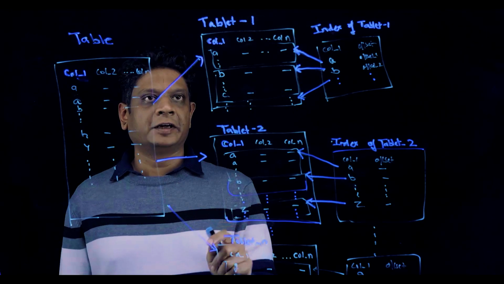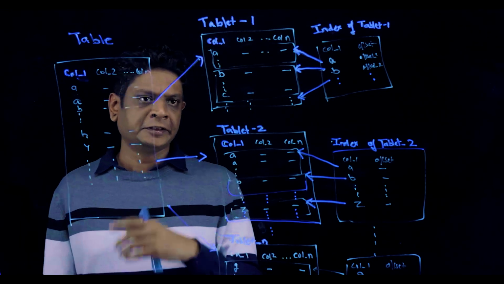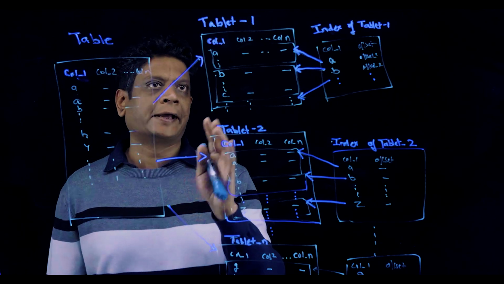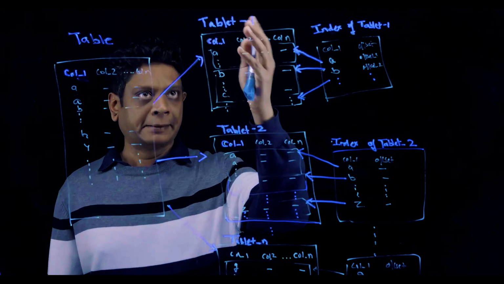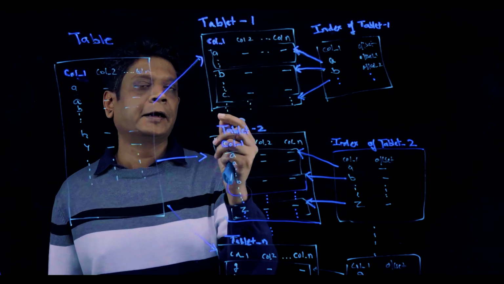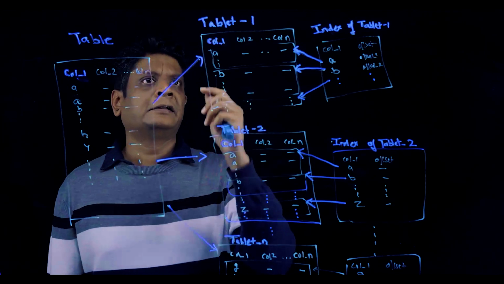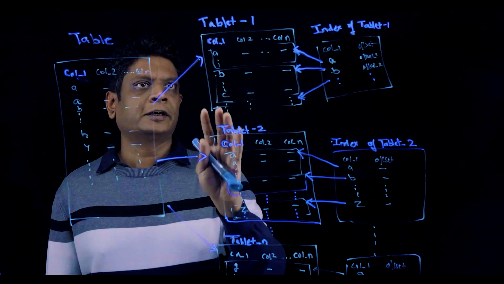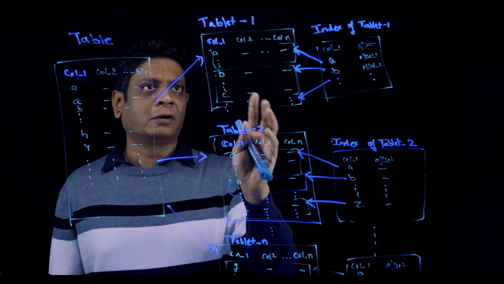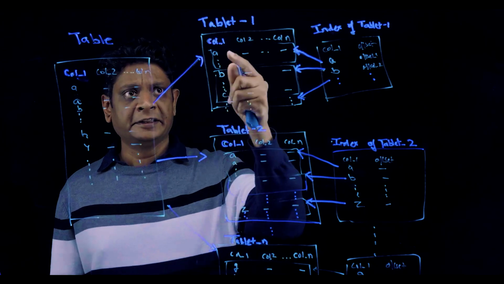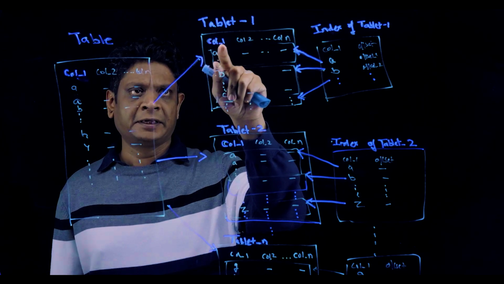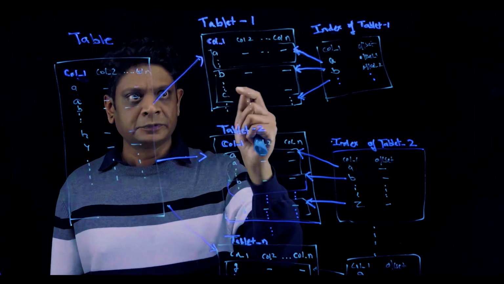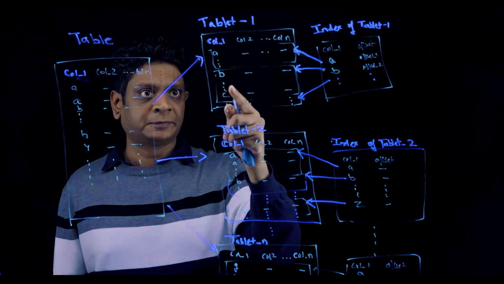As you can see in this demonstration, the data inside each table is divided into small manageable chunks called tablets. Each tablet is 3 GB in size, and data in a tablet is sorted by primary index column. In this case, column 1 is a primary index key column, so data is sorted on that specific column.